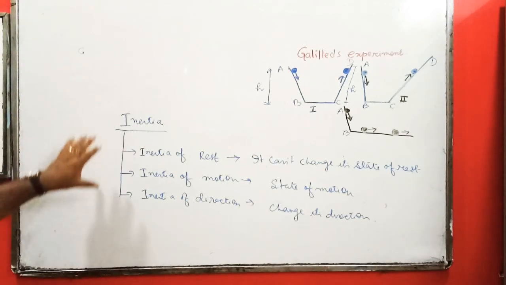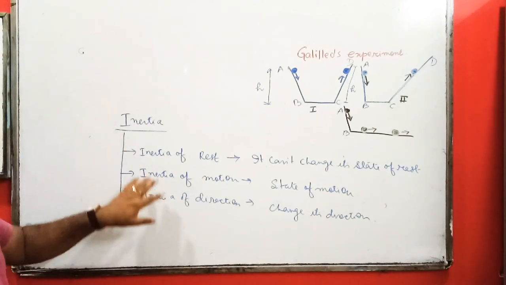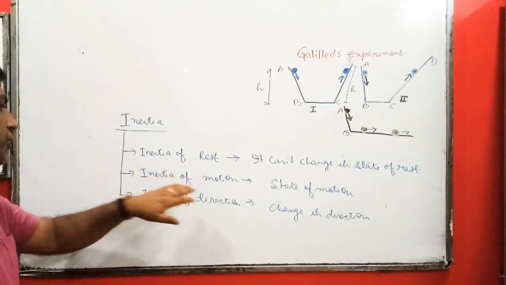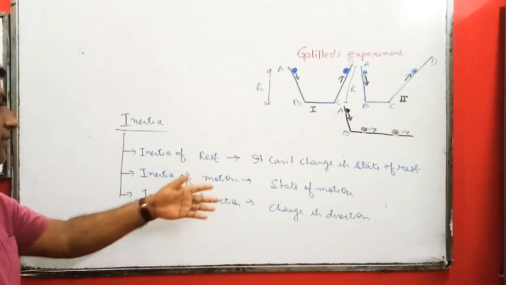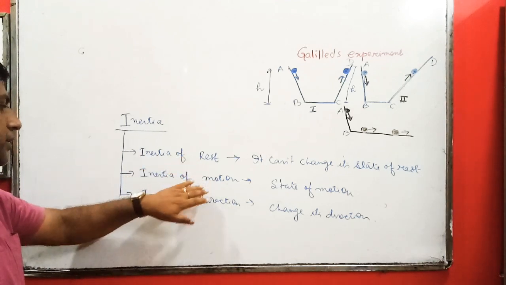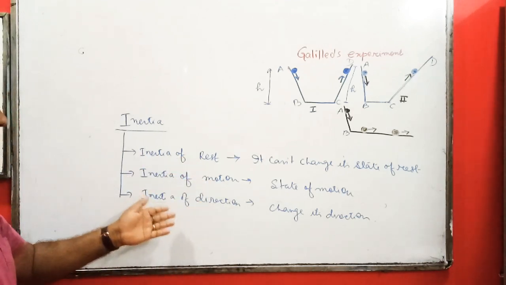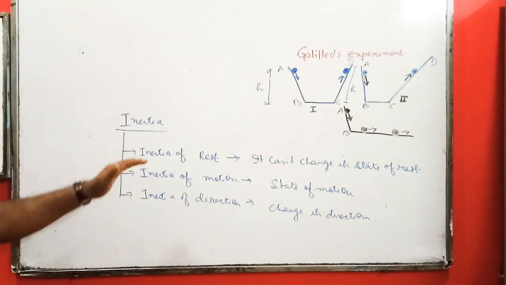So now come to inertia, types of inertia: inertia of rest, inertia of motion and inertia of direction. Today only you will get the definition. In my next class you will get examples based on rest, motion and direction, and at the same time I will give you notes. Inertia of rest is what?